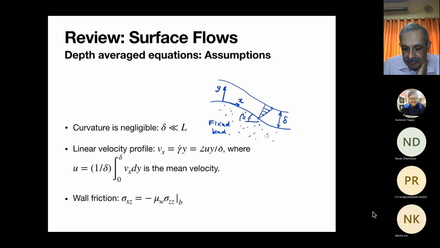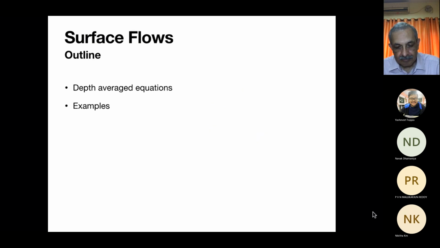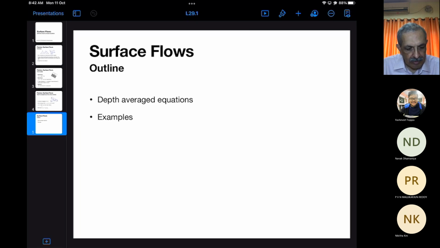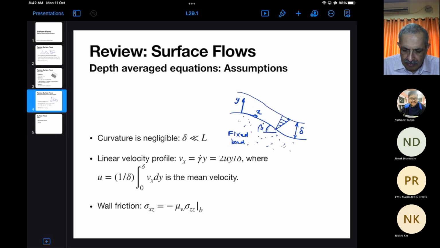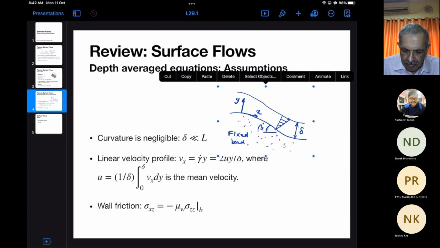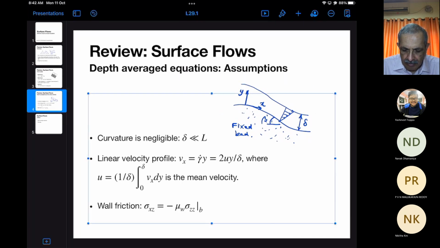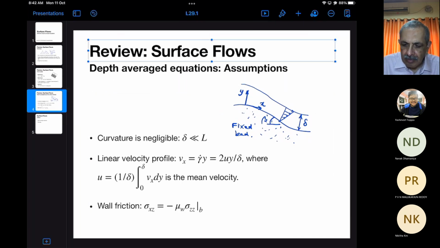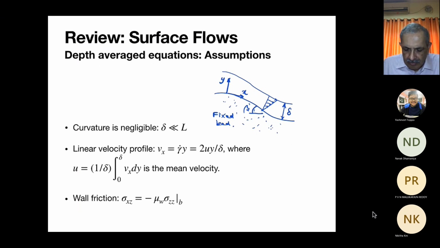And then for simplicity, we can also assume this velocity profile is linear.